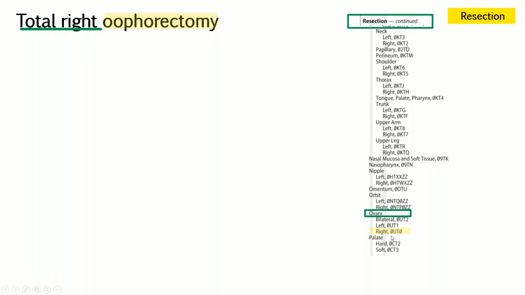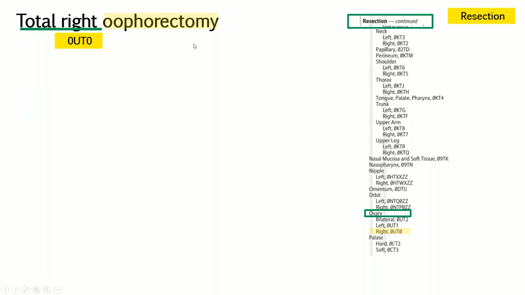And you know what it is? It's 0UT0. I like to say out. Yes, out. They're taking it completely out. And 0UT0. Let's go to the 0UT table, and remember these are in alphanumeric order, and it's easy if you know the body system that you're going to.